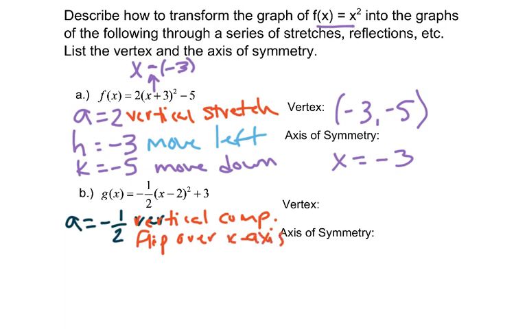over the x-axis. The next value that we have is an h, sorry, I wrote b, an h of 2. And so in that case, again, it looks in the equation like it's saying that we would move left 2, but because the h is actually a positive 2, we're going to move right 2.